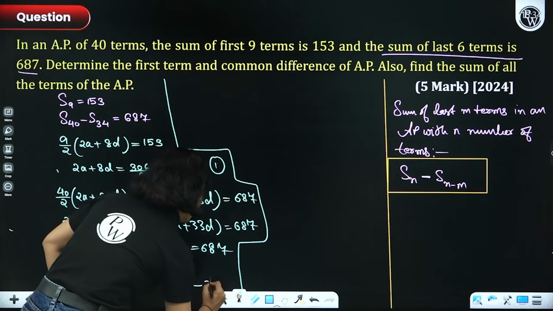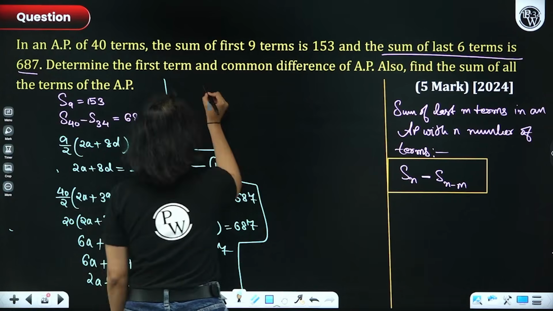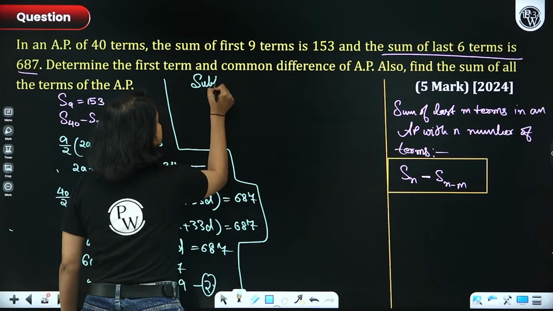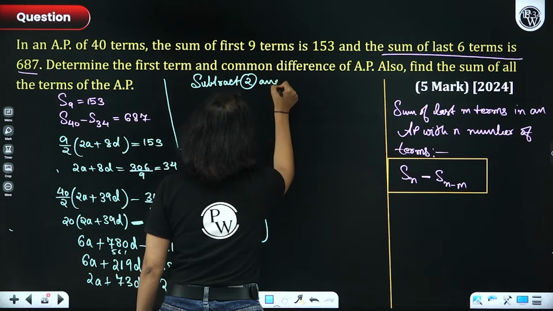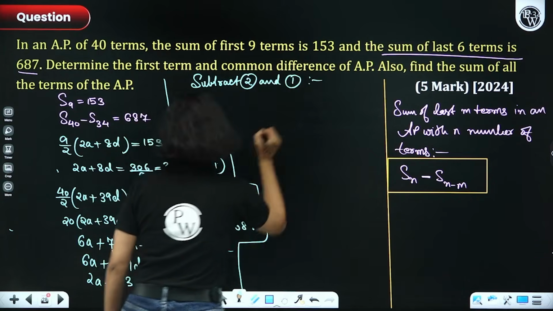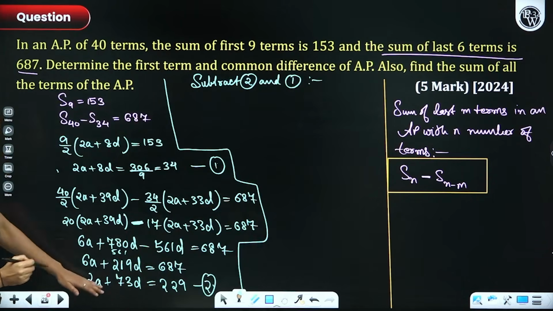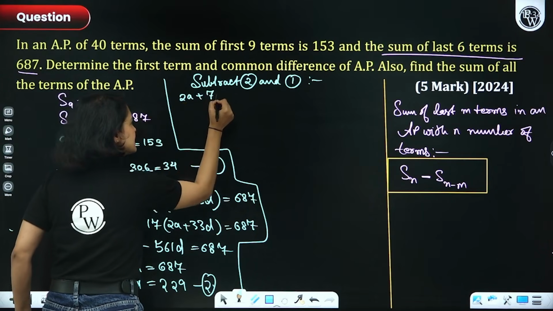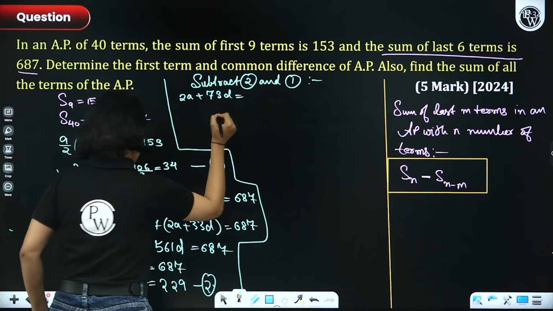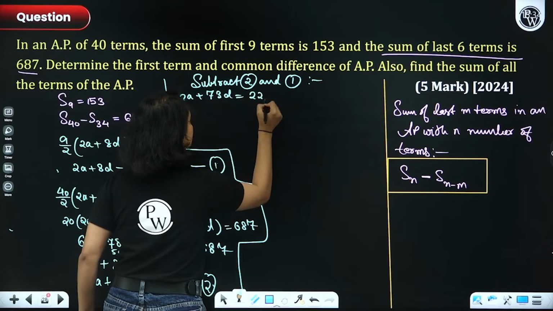So, equation number 2. Now, I will subtract 2 and 1. So let's do the subtraction part, everyone. Here we have 2A plus 73D is equal to 229, right?